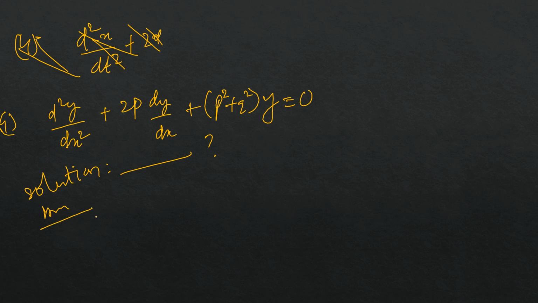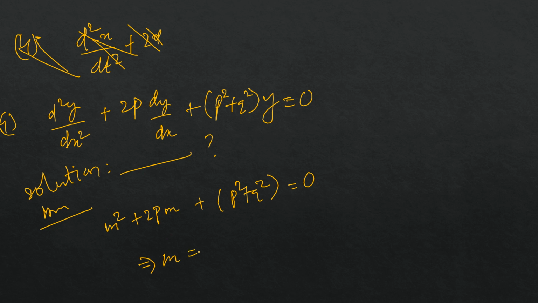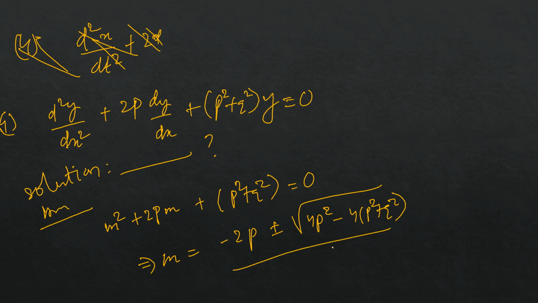Okay, again, see, m square plus 2pm plus p square plus q square is equal to 0. So m is equal to minus 2p plus or minus root over b square, that is 4p square minus 4ac, 4 into p square plus q square, right? Divided by 2, 2a is 1.